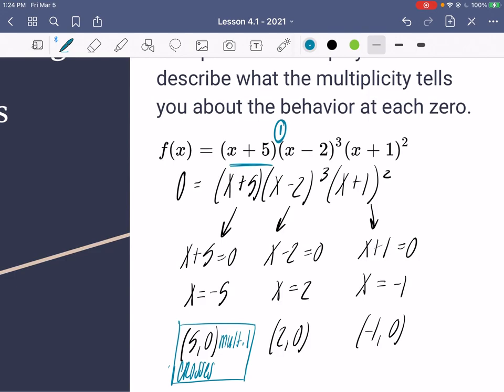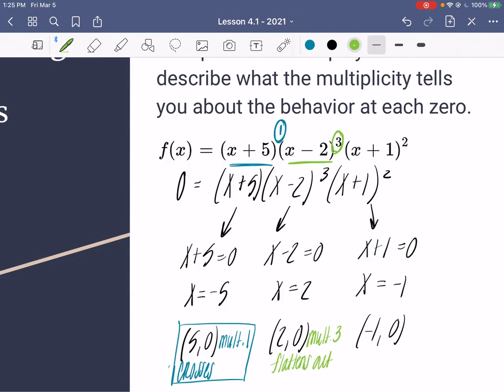It's going to cross straight through (-5, 0). Then if we look at (2, 0), this has a multiplicity of 3. It's being multiplied times itself 3 times. So if we were to write that out, we'd have x minus 2 times x minus 2 times x minus 2. And with a multiplicity of 3, or higher odd multiplicities, we said that it flattens out at that root.